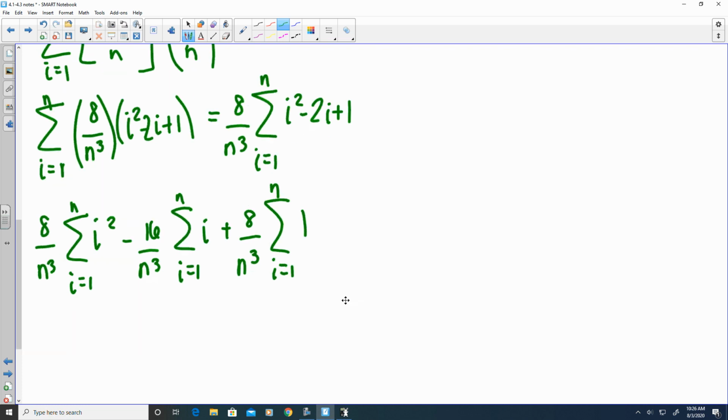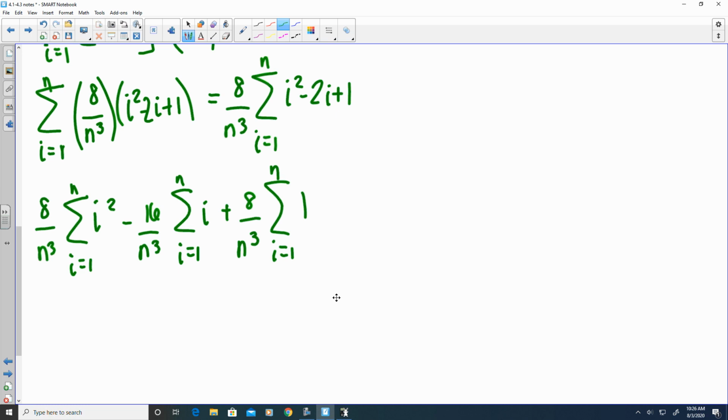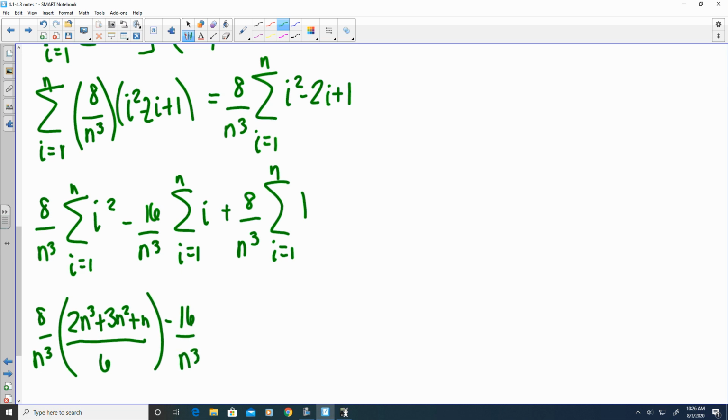And then we'll do our 3 substitutions for the i squared, the i, and the 1. i squared turns into 2n cubed plus 3n squared plus n all over 6. i turns into n squared plus n over 2.